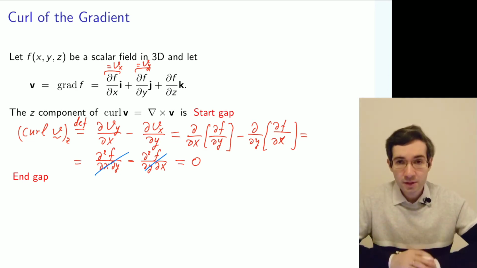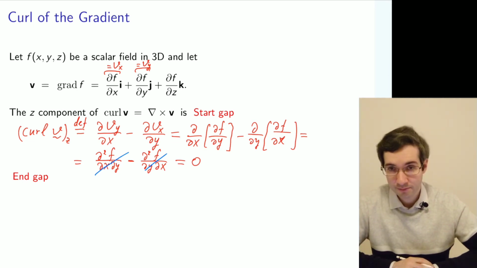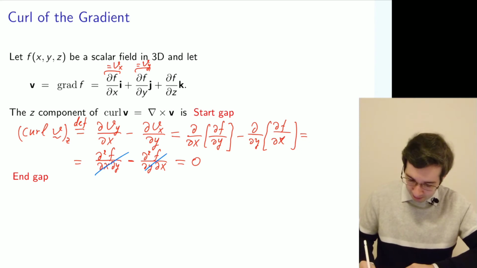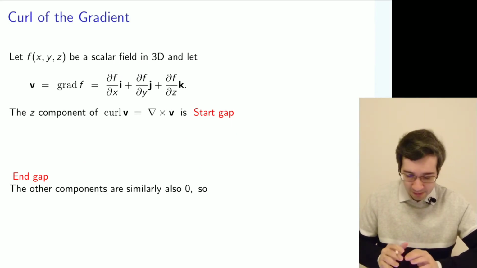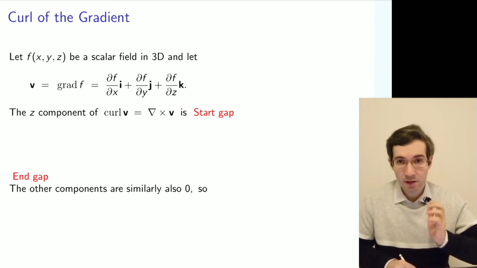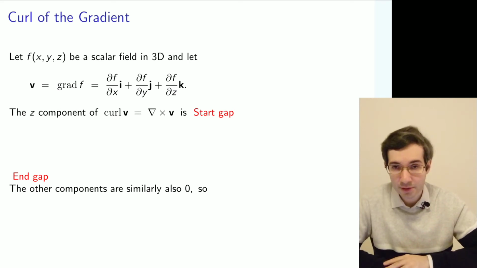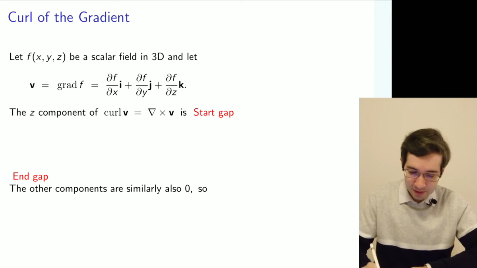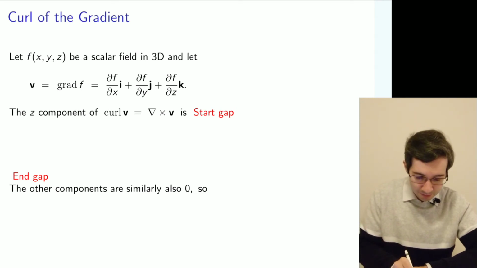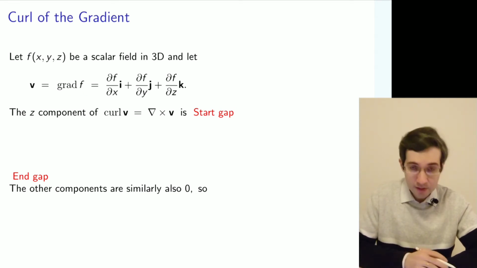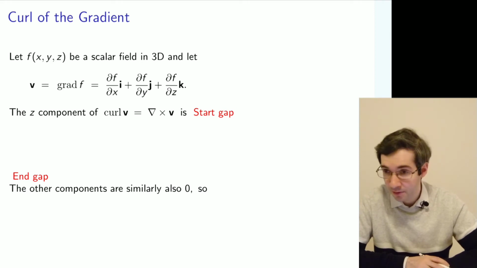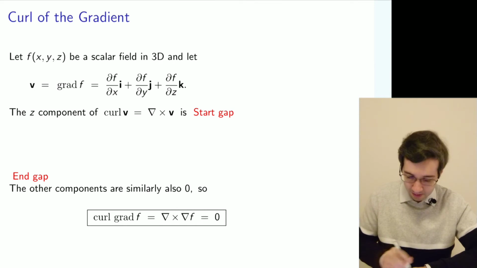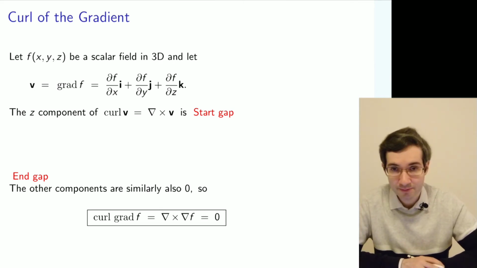So there is no z component of the curl. And likewise, you can show that the other two components, the y and x components, are 0. What it means is that if you take a curl of the gradient of any scalar field, you will always get 0. And that is the first property.